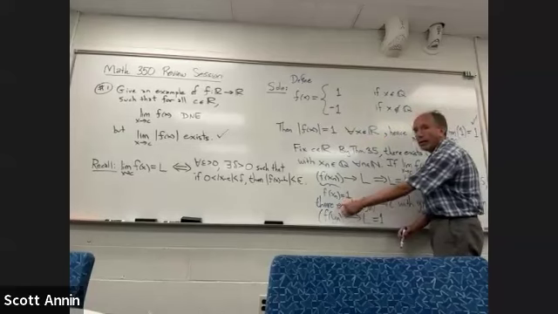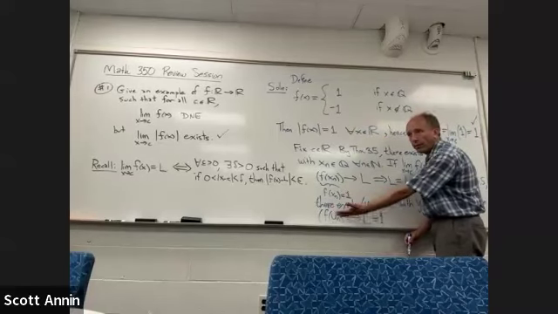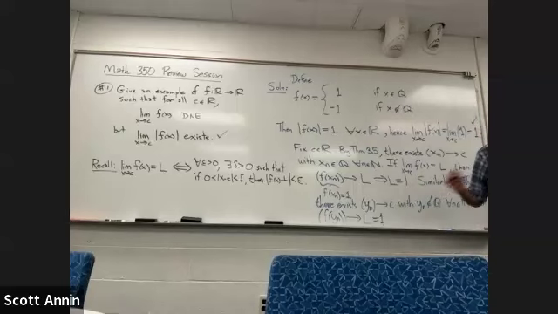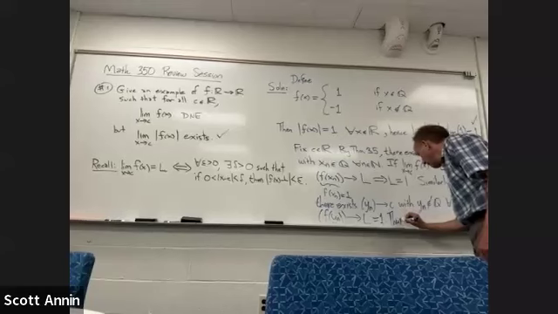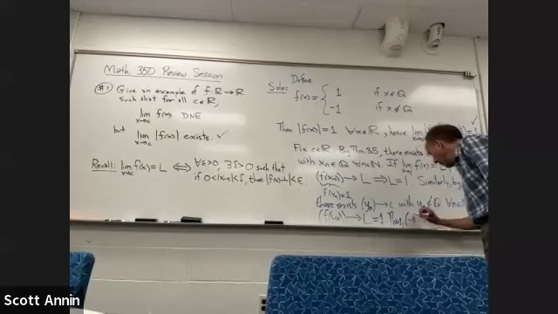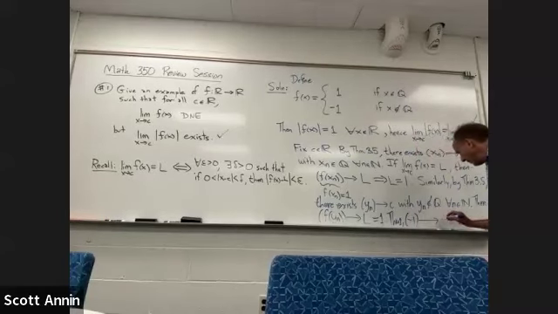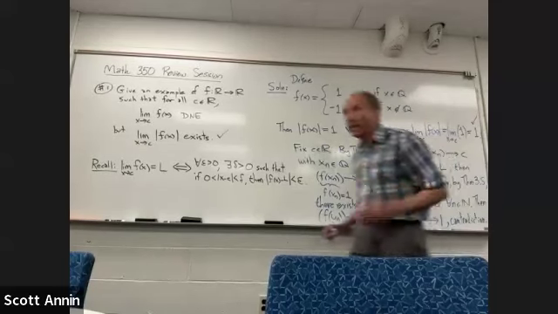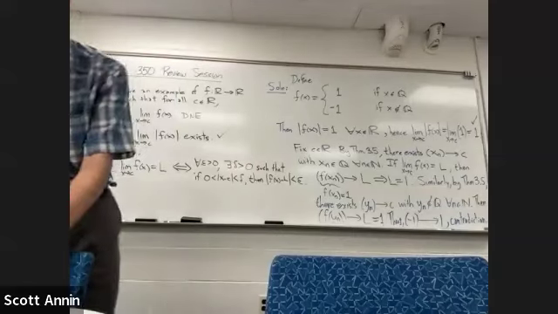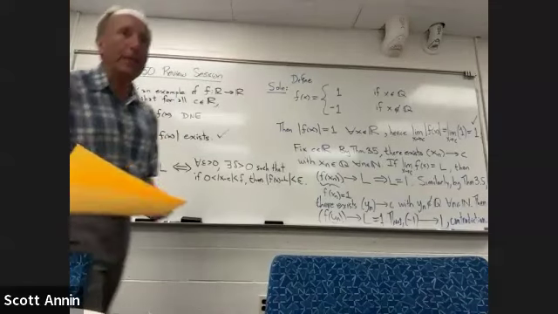So the sequence is -1, -1, -1, -1 forever, and that's supposedly converging to 1. So thus the sequence -1 converges to 1, and that's a contradiction, because the constant sequence -1 actually converges to -1. So that would be it.